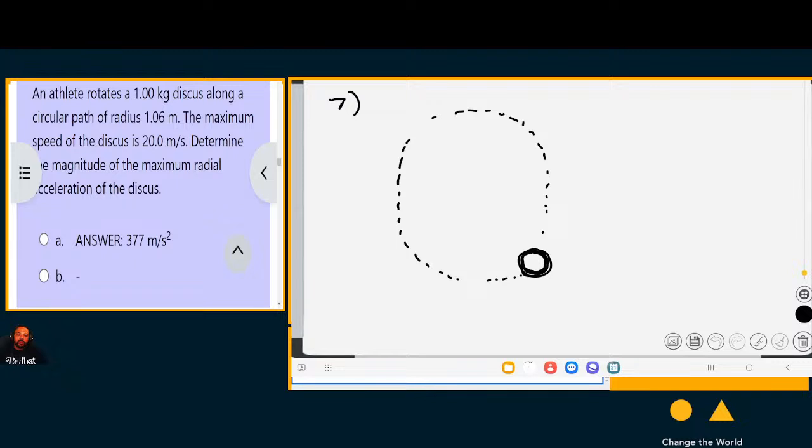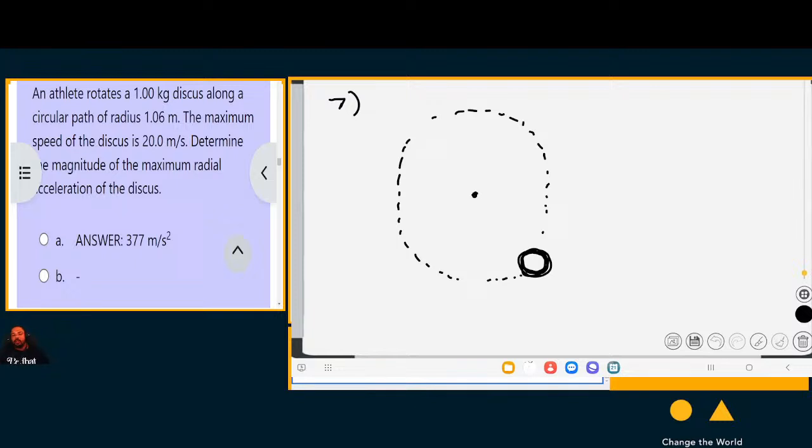And this athlete is rotating this discus in this circular path. Let's also pretend this is a circle, not some squashed circle. Now, if we were to model this discus as a particle in uniform circular motion, we would be able to solve this problem. Now, let's go to what is the problem actually that we want to solve.